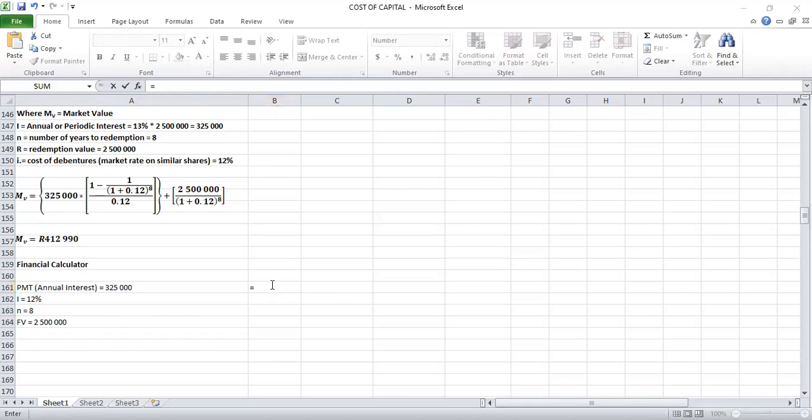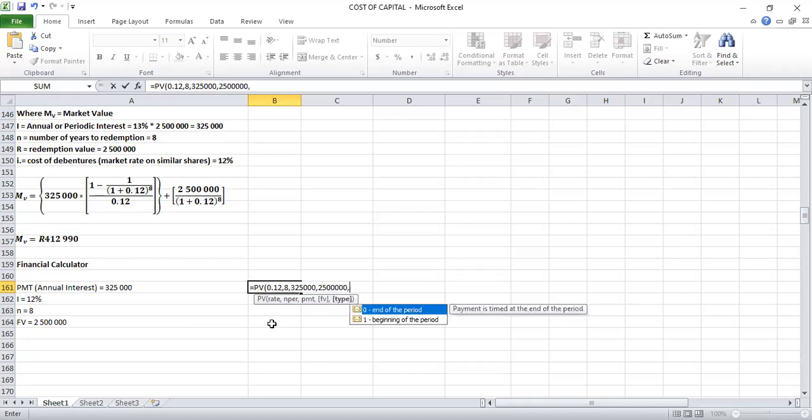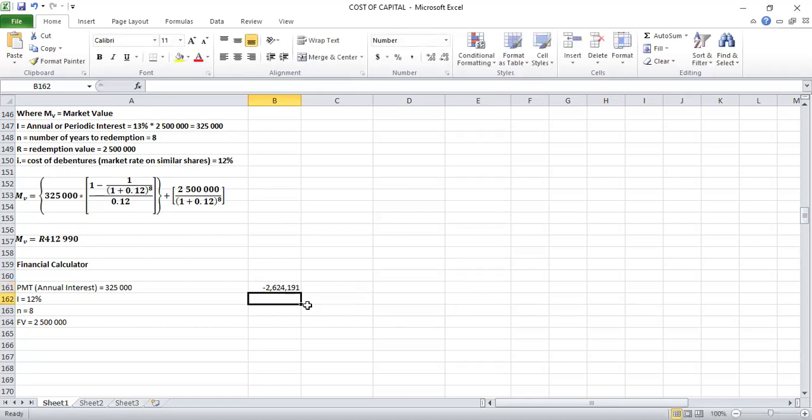The rate is 0.12, the years is 8 years, PMT is 325,000, FV is 2.5 million. Then they are paid at the end of the year. So you get 2,624,191.